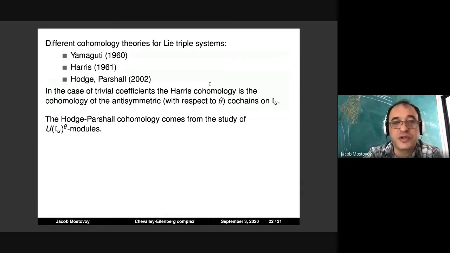I don't really want to say anything about this, apart from the fact that the Hodge-Partial cohomology really seems to be the right cohomology, in the sense that it has an intrinsic definition in terms of Lie triple systems, and it really is a derived functor in the very same way as Lie algebra cohomology is a derived functor.